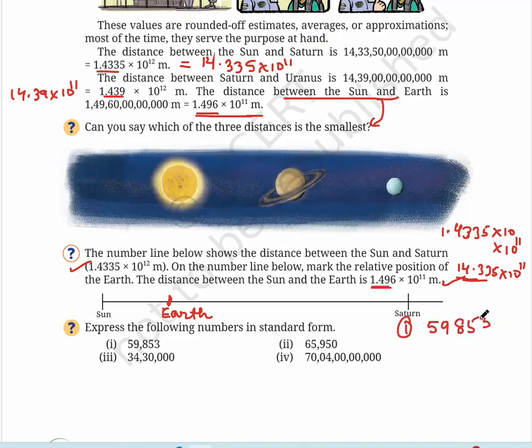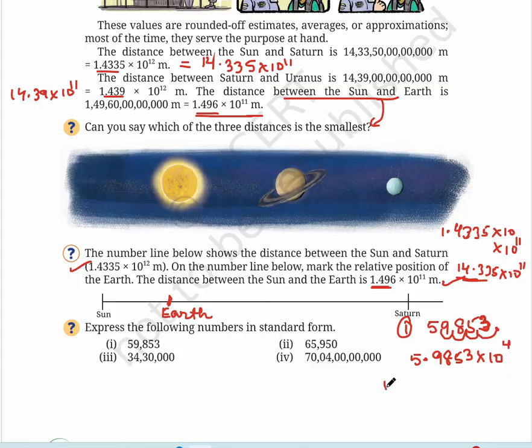If it is a whole number, the decimal point is here. You have to shift the decimal point 1, 2, 3, 4 places. So it will be 5.9853 into 10 to the power, how many times have you moved? 1, 2, 3, 4. So it will be 10 to the power 4.